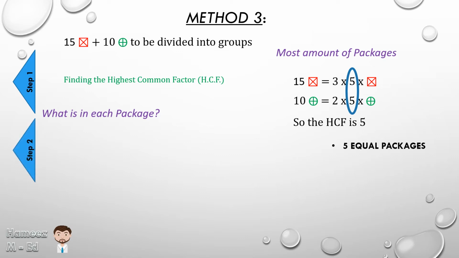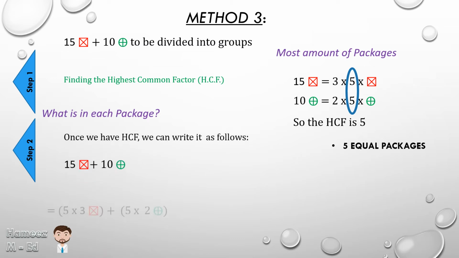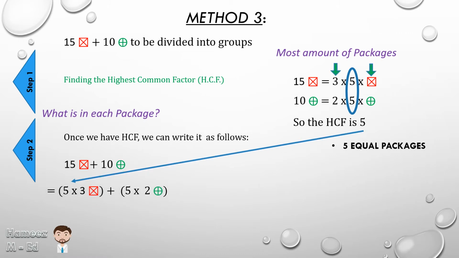Now that we have the HCF, we can write it as follows. 15 puzzles would be 5 times 3 puzzles, where 5 is the HCF and 3 puzzles is the unused remainder from this line. We now do the same for the 10 toys, which will be 5 times 2 toys.